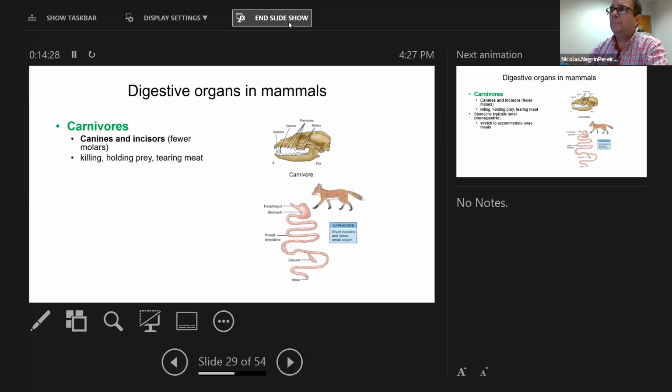So the teeth and mouth of a carnivore are adapted and developed for killing, holding the prey, and tearing the flesh or meat.